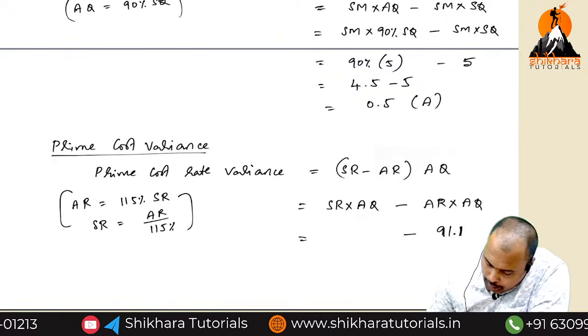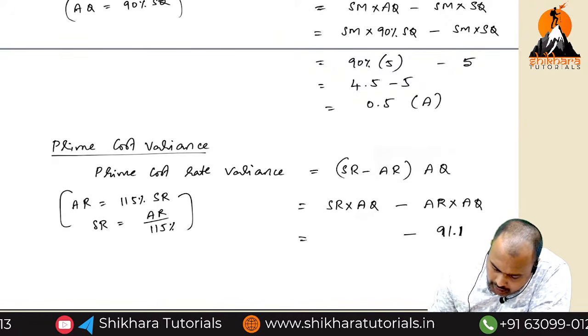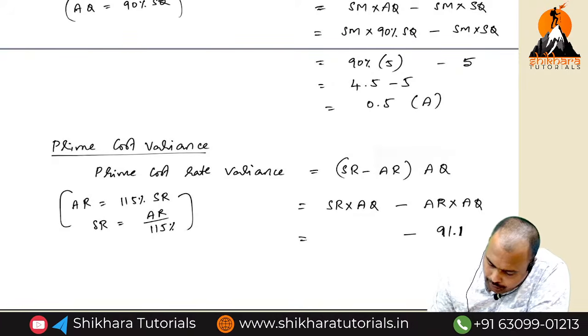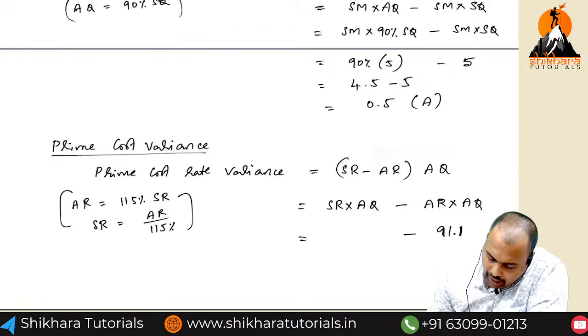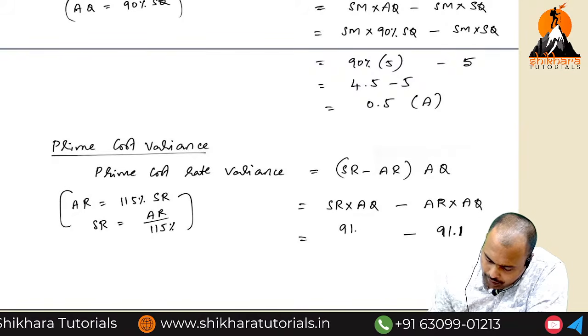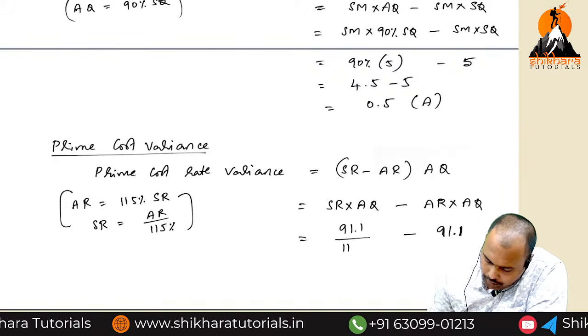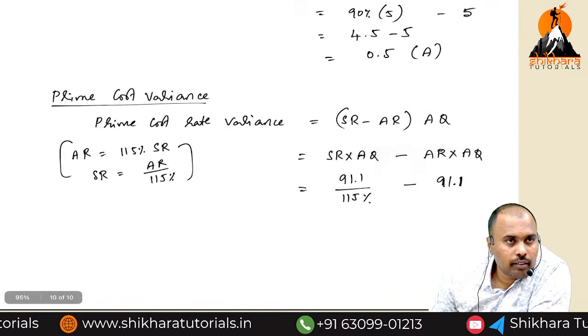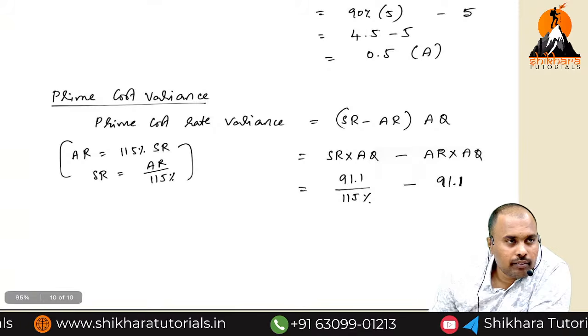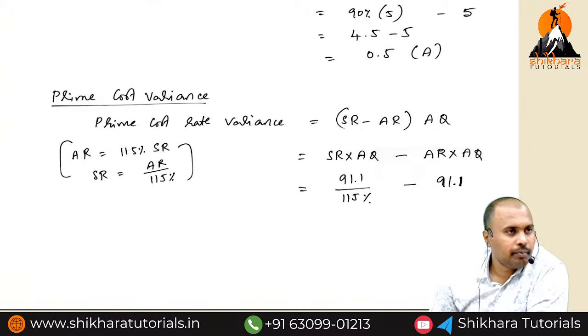Clear? Then if I take actual rate, AR into AQ is 91.1, so standard rate into AQ is 91.1 divided by 115%. Clear?